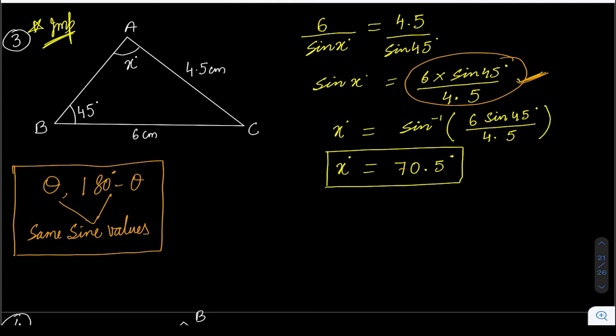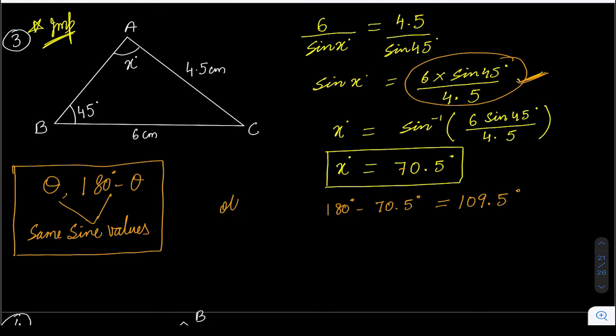It means whatever value sine of 70.5 degrees is will be the same for the angle 180 degrees minus 70.5 degrees. So let me first find this. This will be nothing but 109.5 degrees.